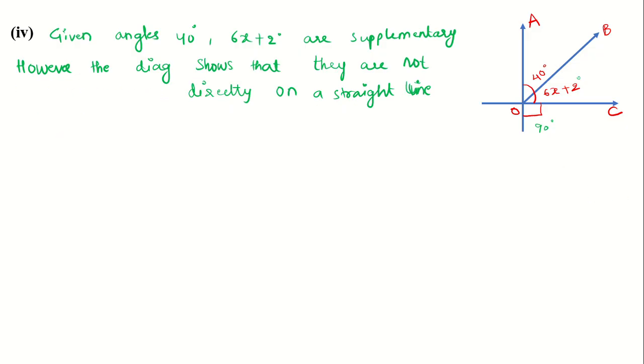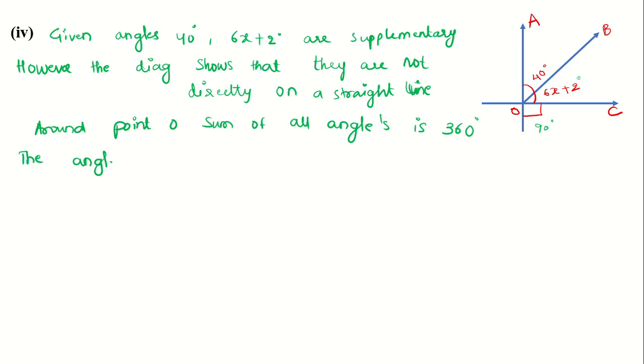So if a fully straight line is not given, we will consider the sum of all angles around point O. Now around point O the sum of all angles is 360 degrees, and the angles are 6x plus 2 degrees, 40 degrees and 90 degrees, the three angles which we have, and their vertically opposite angles.